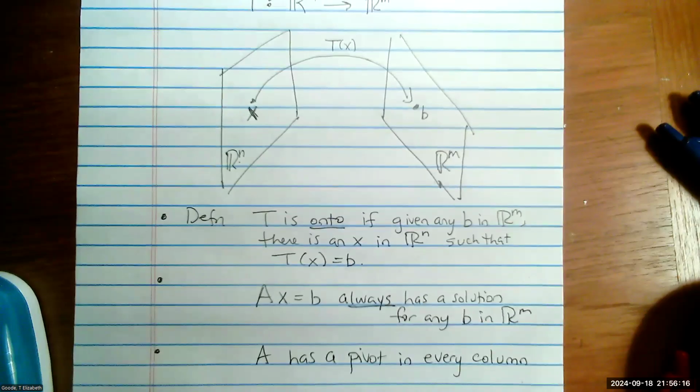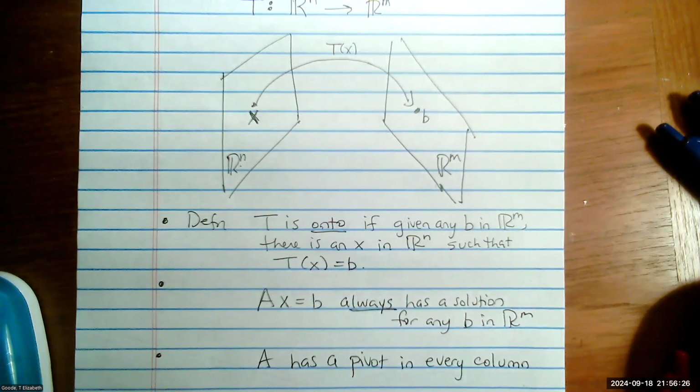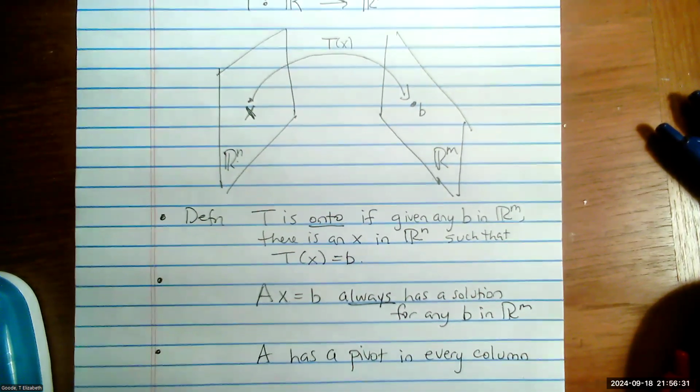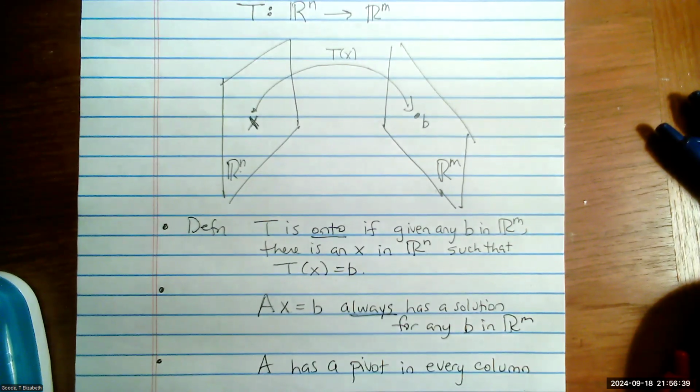But whether or not A has free variables comes down to just A itself. We row reduce A and we can figure out if there are any free variables that would exist if we used A for matrix multiplication. It comes down to row reduction.